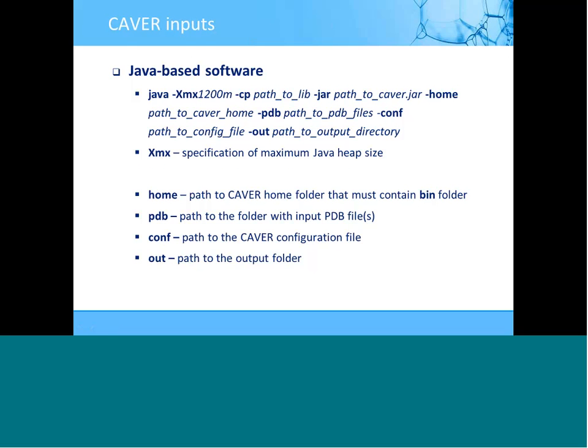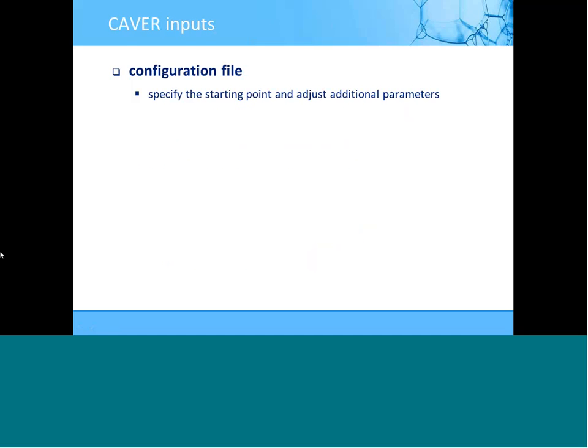So what are the required Caver inputs? It's already mentioned a configuration file where you have to specify a starting point for the tunnel calculation, and you can adjust many parameters. Then there is a bin folder containing the atomic radii and templates for visualization. Both the default configuration file and this folder are provided within the Caver package, so you either have it or you can simply download it from the web pages.